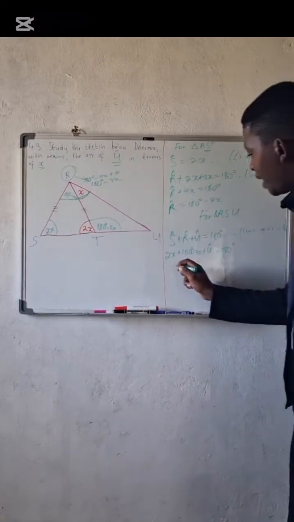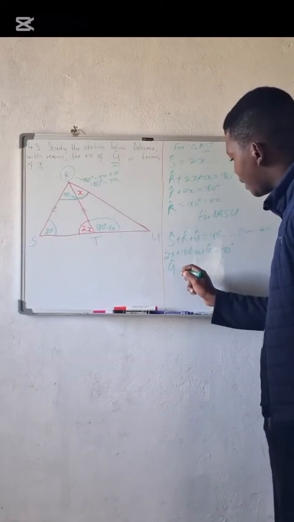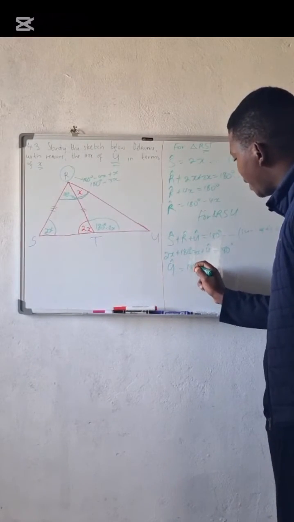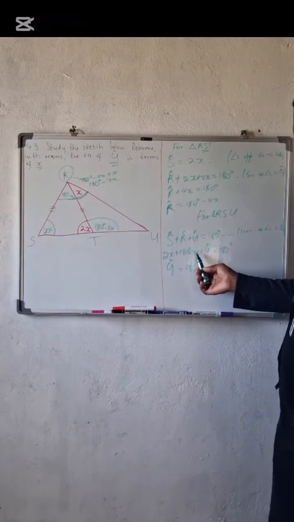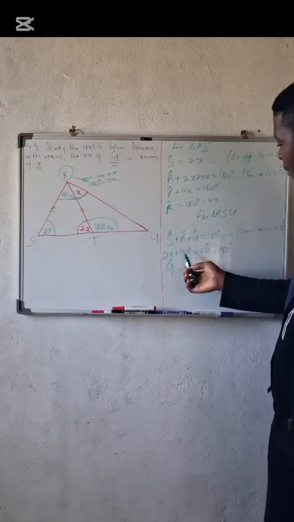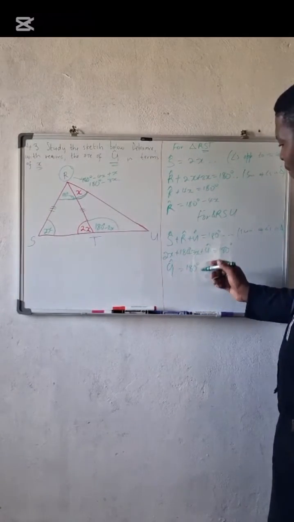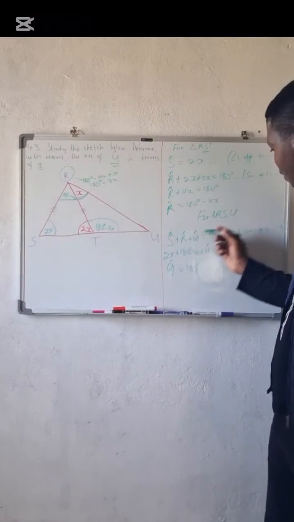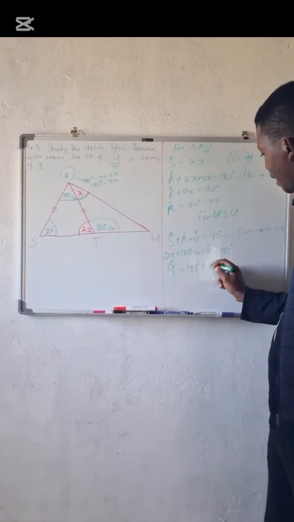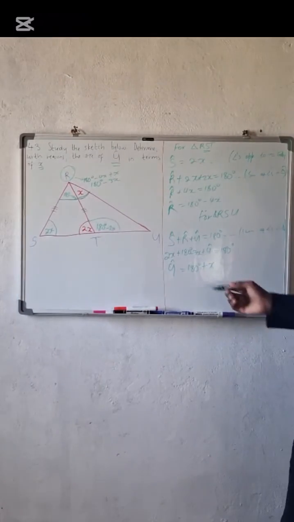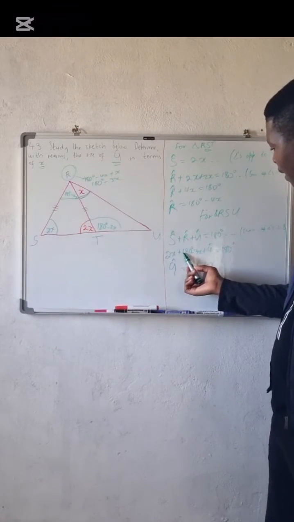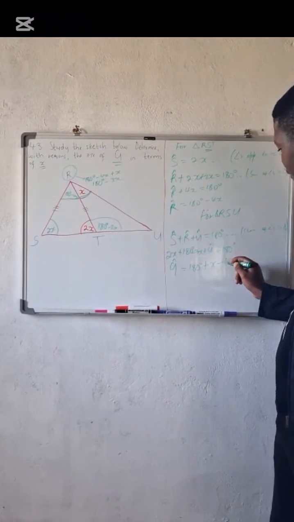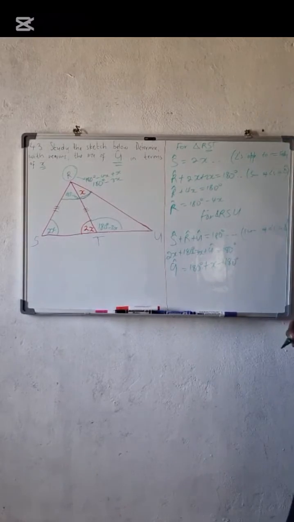So now I'm going to isolate U, take everything to the right. U is equal to, I already have 180 to the right. What is 2x minus 3x? Is negative x, but taking that negative x to the right is going to be positive x, right? 180 is positive, it's going to be negative 180 going to the right.